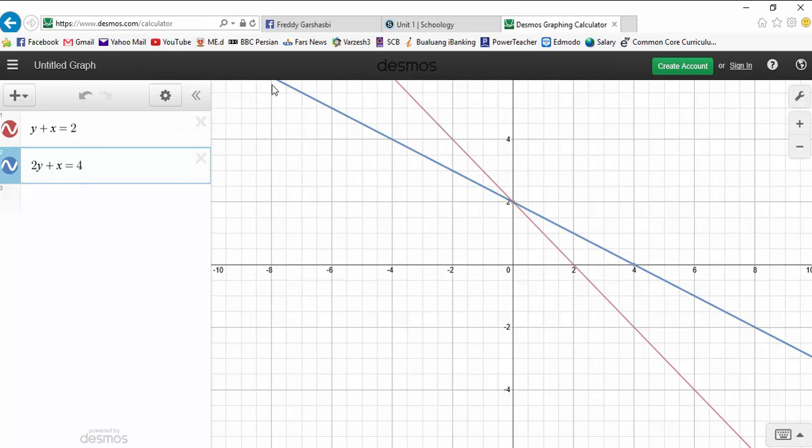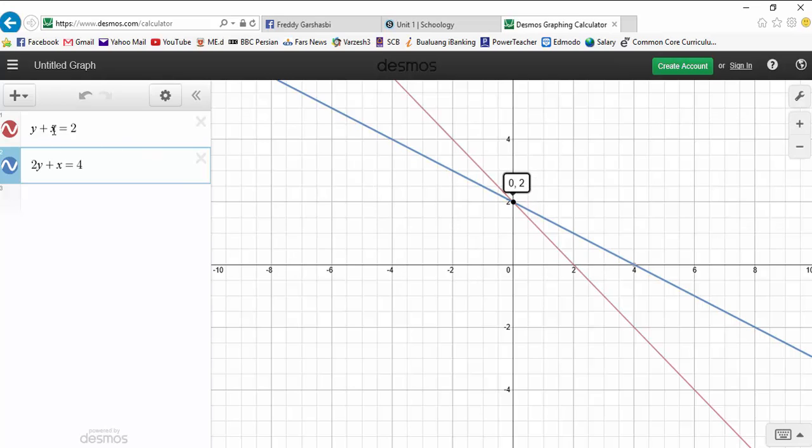Now, this is the other equation with the slope -1/2. This point (0, 2) is the solution for this system of linear equations because for x equals 0, both equations will have the same y value, which is 2. Let's try that.